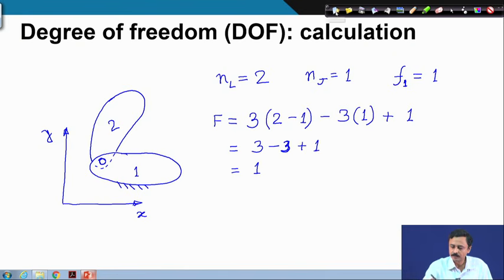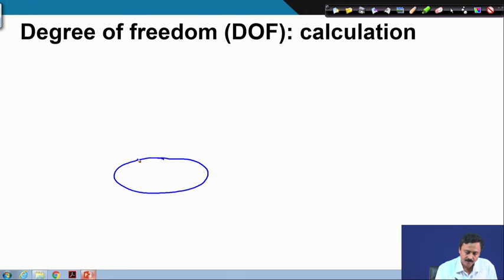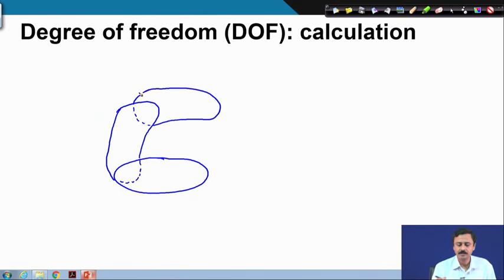If you now consider little more extended chains, consider there are 3 rigid bodies, they are connected by kinematic pairs.